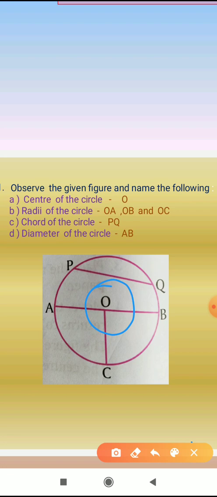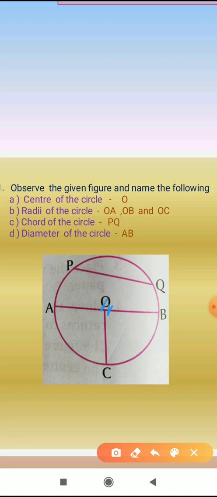Next, the radius of the circle. We have learned the definition of radius. A line segment from the center of the circle to any point on the circle is called a radius of the circle.